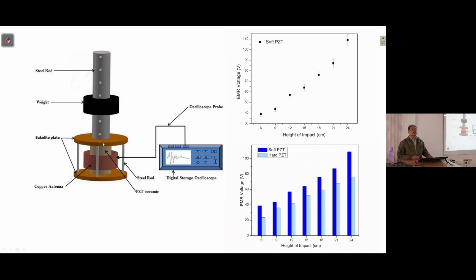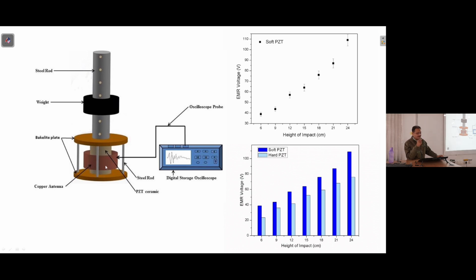Now suppose you have a conducting material attached to it, then the charge will immediately get transferred. If that happens, then we may not get any signals. So for that purpose, it has to be insulated at the top and bottom. The bakelite plate also provides support, but it also insulates. So we have both things with this. That is the benefit.